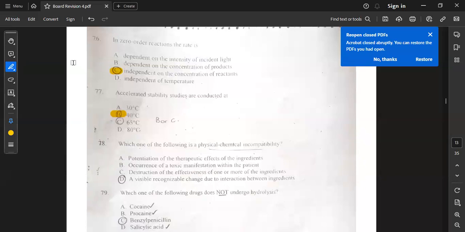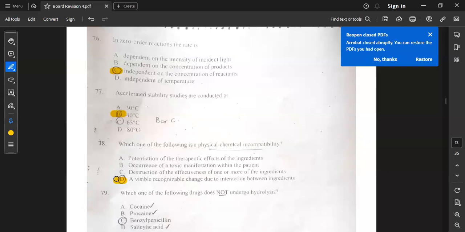Just to read out what was sent, the types of drug incompatibility. Number one, therapeutic incompatibility, whereby there is modification of the therapeutic effect of one drug by the prior or concomitant administration of another, essentially drug-drug interactions.